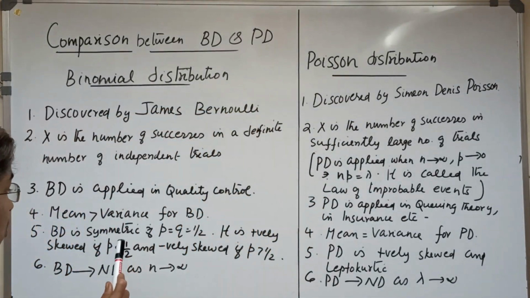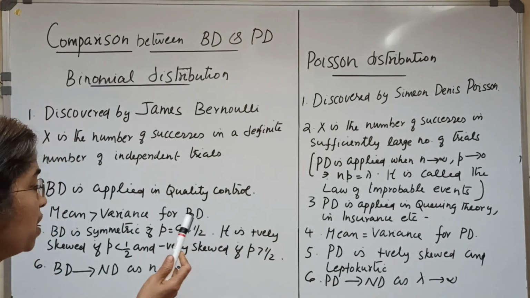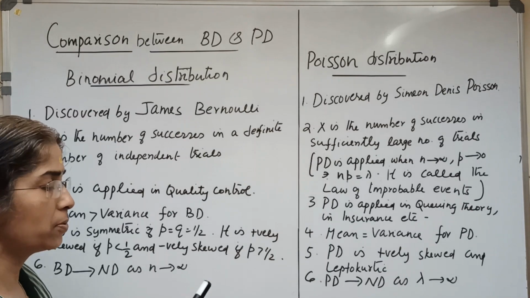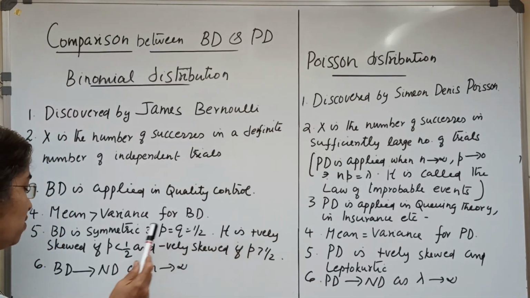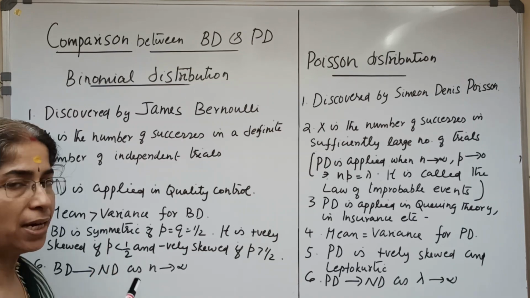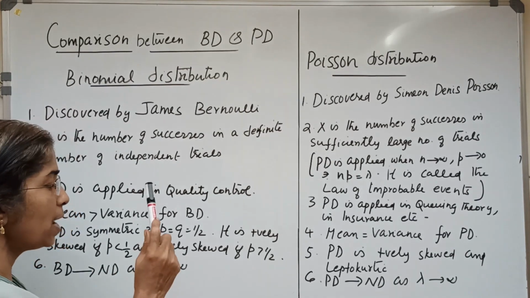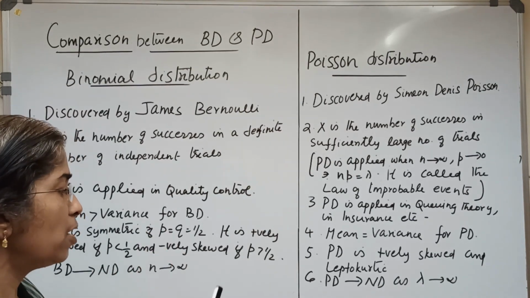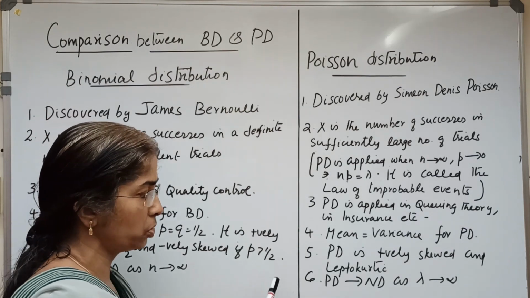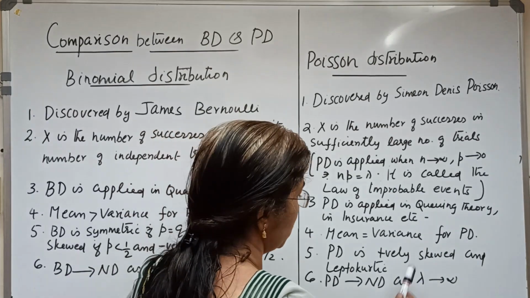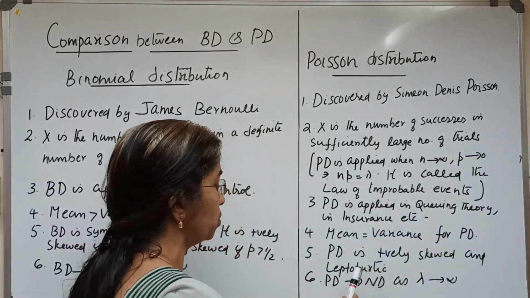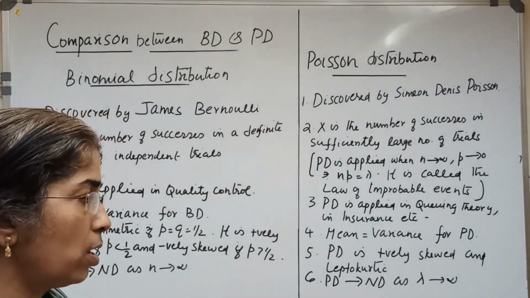Now, binomial distribution is symmetric if P equal to Q equal to 1 by 2. It is positively skewed if P less than 1 by 2 and negatively skewed if P greater than 1 by 2. Whereas Poisson distribution is positively skewed and leptokurtic always.